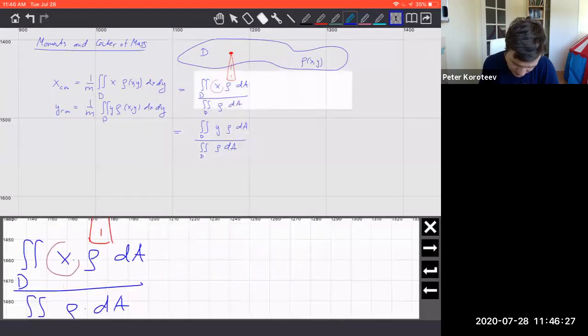Sometimes the numerator in the x formula is called the y moment, the moment about the y-axis, and it's complementary.